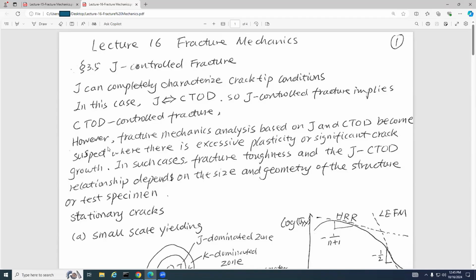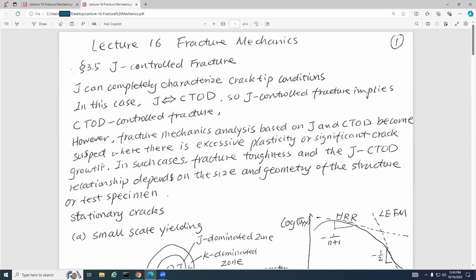However, it says that the fracture mechanics analysis based on J and CTOD becomes suspect where there is excessive plasticity or significant crack growth. So that means J and CTOD are only valid under some conditions.